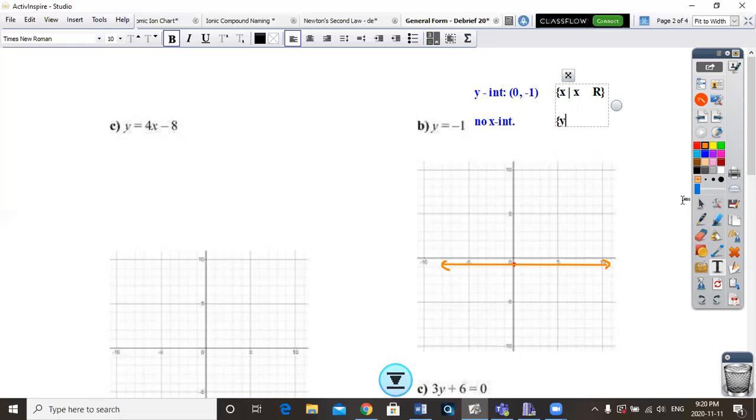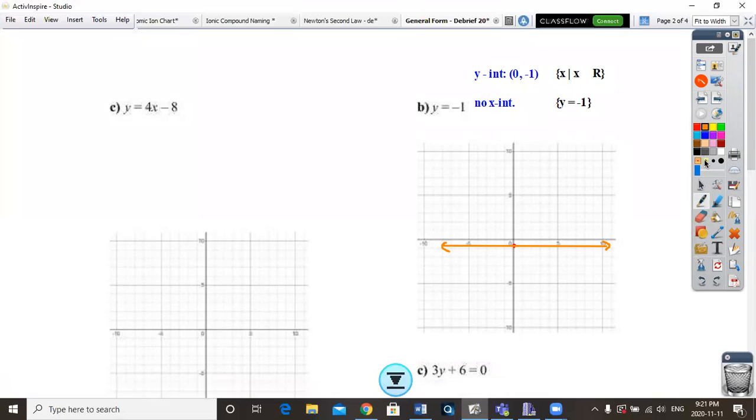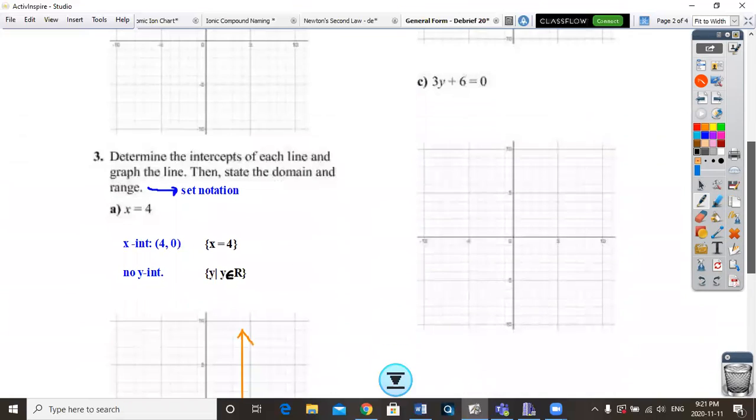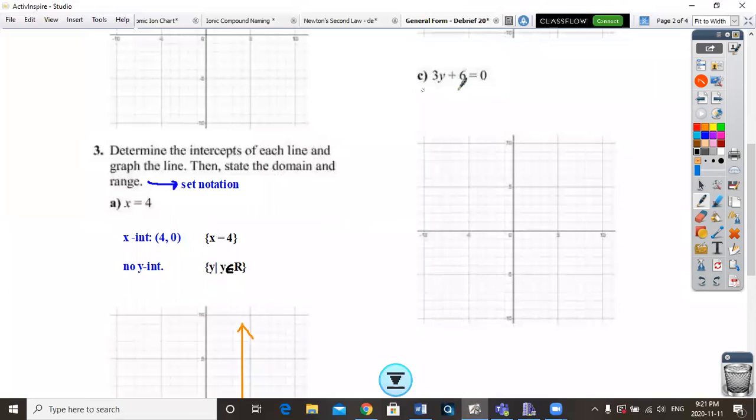The range is y equals -1. Close the curly brace. And we will add in the is an element of symbol. There we go. Good. So that's the domain and range for a horizontal line. Y is one value, x is an element of reals because of the arrowheads.